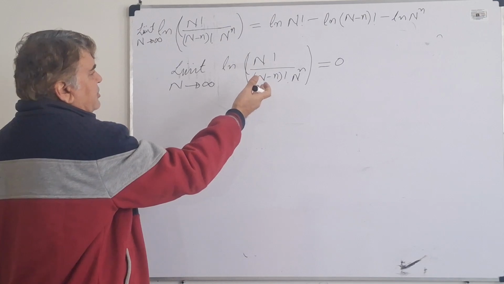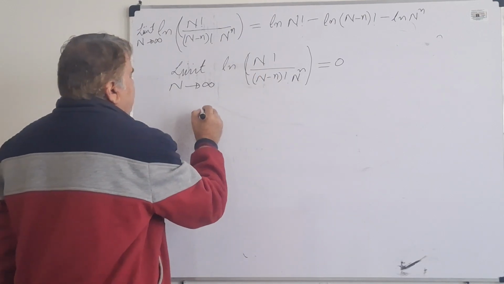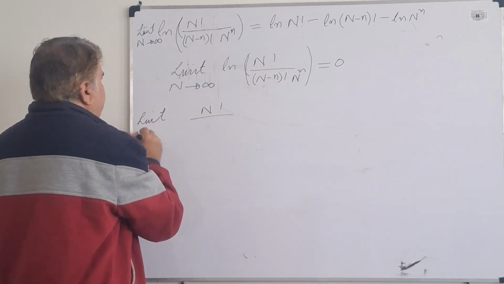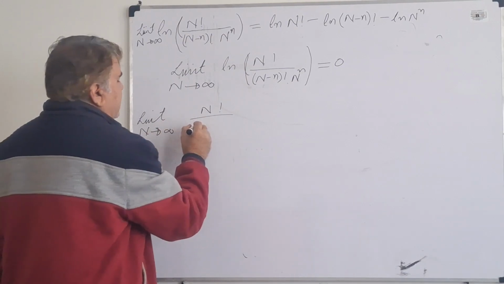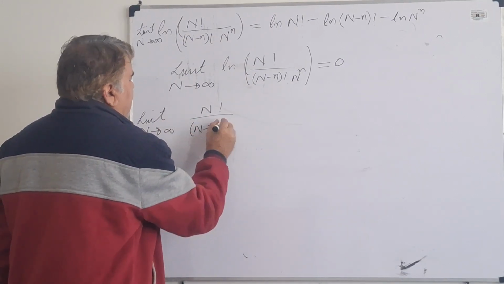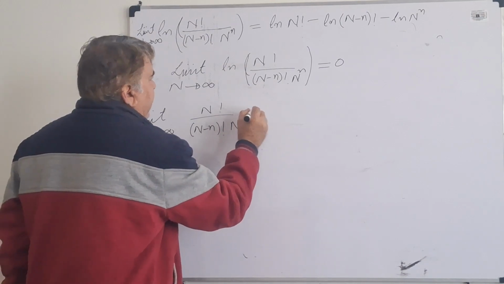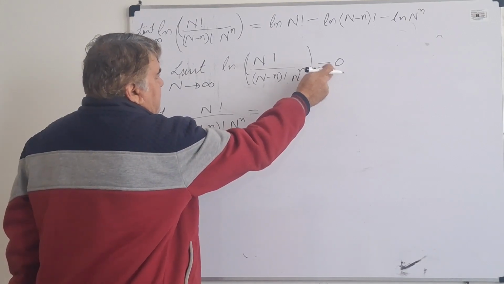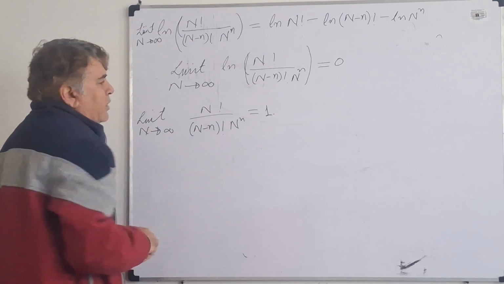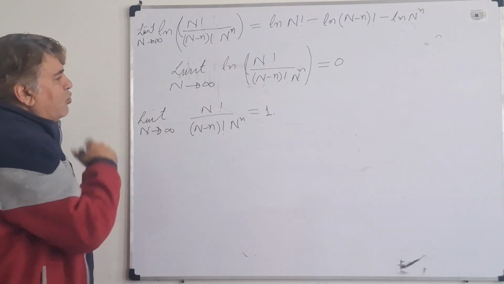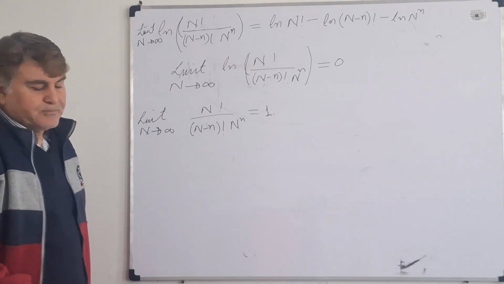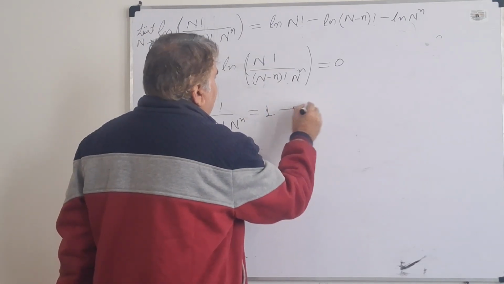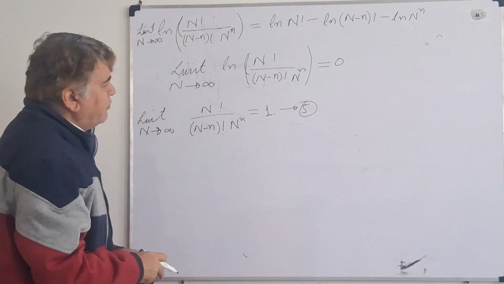And if I exponentiate this relation, I'll get n factorial, limit N tends to infinity, N minus n whole factorial into N power n equals, the exponent of 0 is 1. So the second factor in equation 4 is in fact equal to 1. Now remember this thing, I call this equation 5, and I'll substitute this value in equation 4 later.